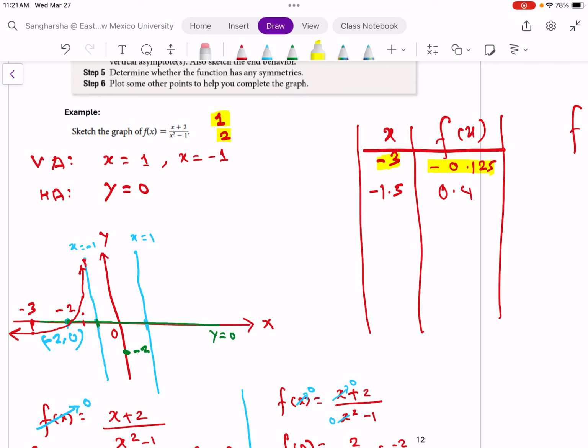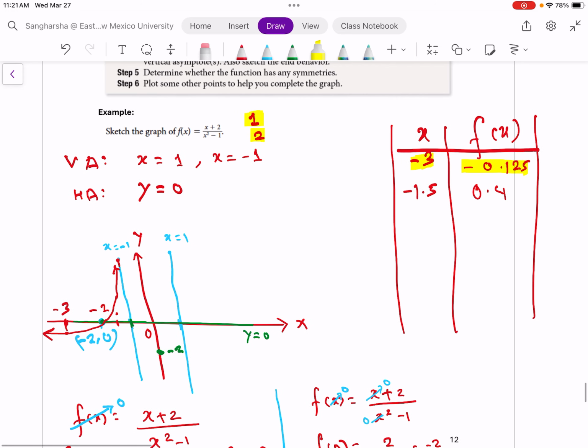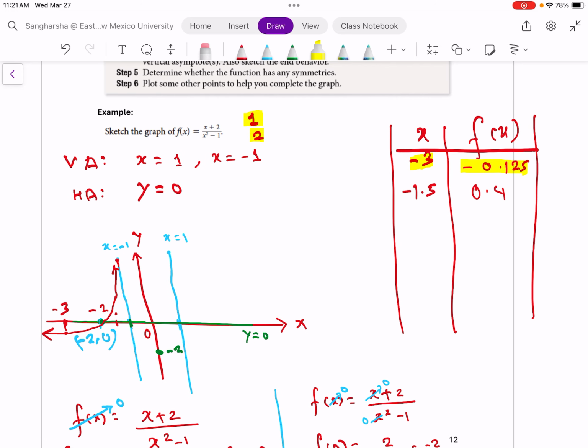It means when we extend this graph on the left side, it is very close to our x-axis. Here you don't want to be very precise. If it's close enough, then it's good. So whenever you have a vertical asymptote, never cross it, because at a vertical asymptote the function is undefined. And whenever you have a horizontal asymptote, your output is very close to that horizontal asymptote.